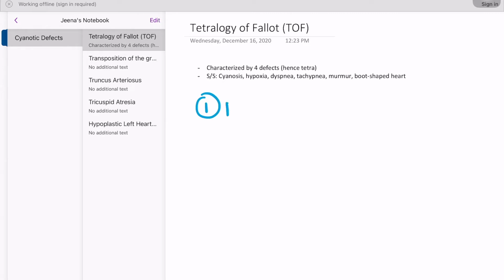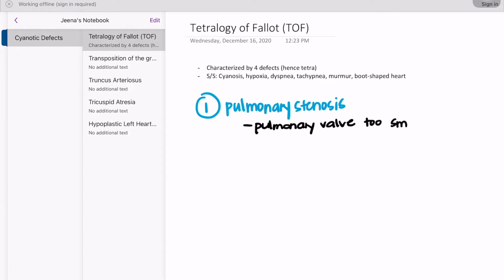The first one is pulmonary stenosis. What's involved in pulmonary stenosis is that the pulmonary valve is either too small or too narrow, or stiff.